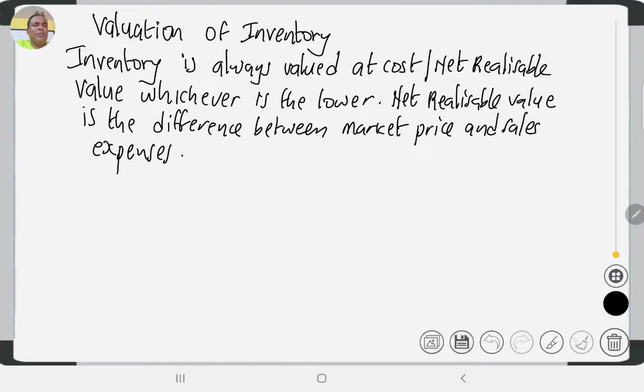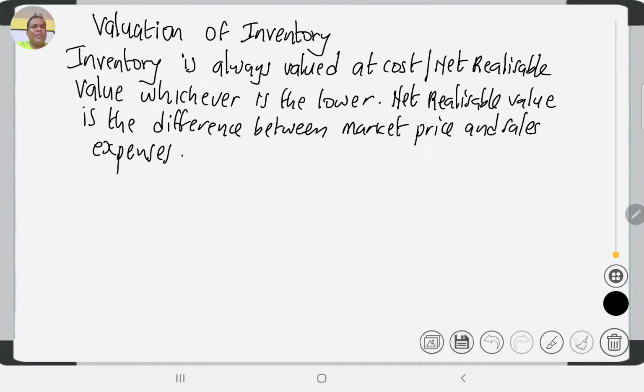Before selling the inventory, there will be some expenses, what we call sales expenses. It can be marketing expenses, or expenses in case the inventory is damaged, and so on. So the difference between market price and sales expenses will give us net realizable value.